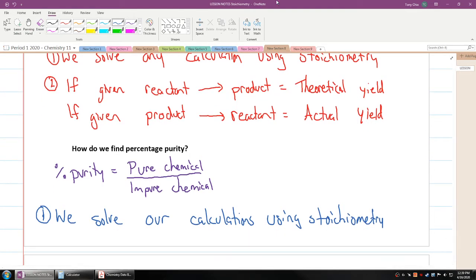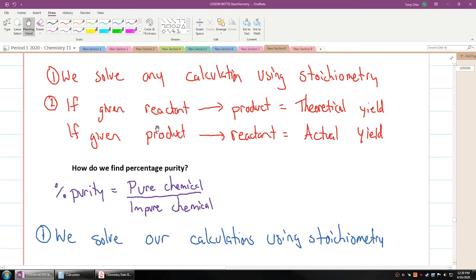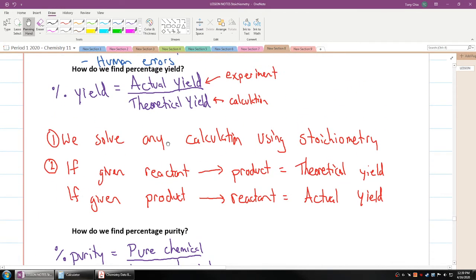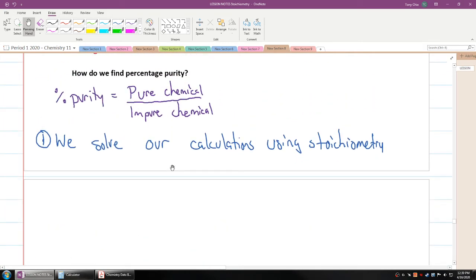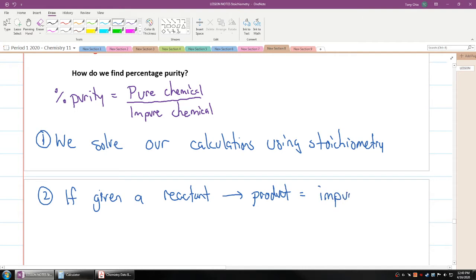So we want to use our calculations to solve first. So, what does that mean? Well, what that means is, in this case for purity, again, if given a reactant and you solved all the way to a product, you just solved for your impure.